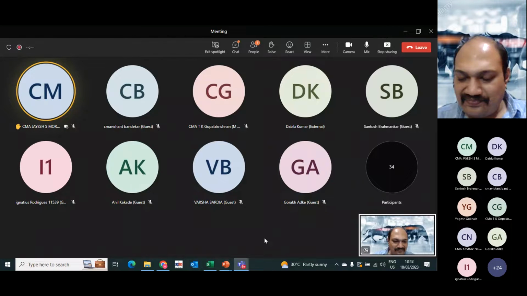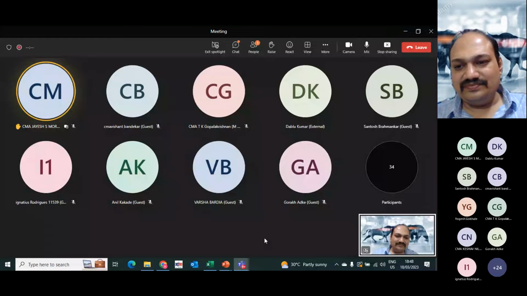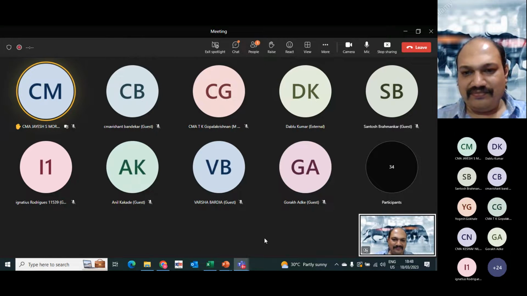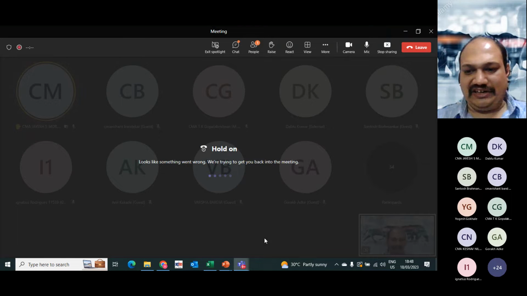Someone is asking a question. Yes. Suppose we have rupees 1,000 for investment, we will invest rupees 1,000 a single time, and we will get 10% return on a monthly basis. Means every month we will get 10%.